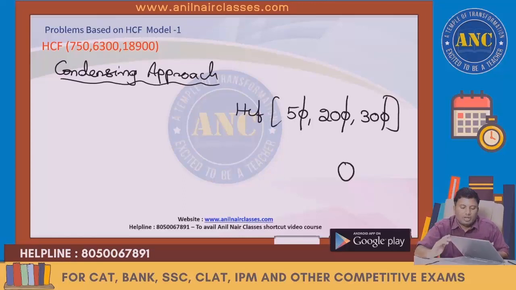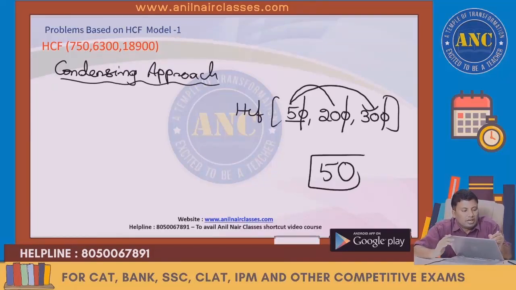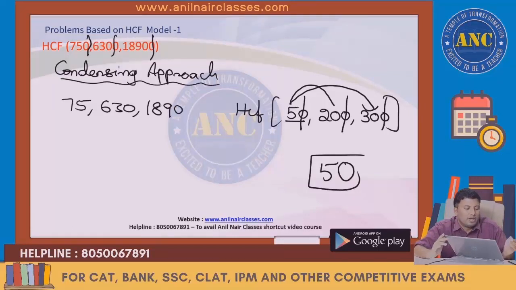Write down 0. Next it is 5. Does 5 divide 20? Yes. Does 5 divide 30? Yes. Write down 5. So take 10 common. The question became 75, 630, 1890.